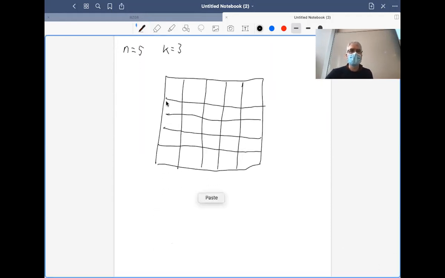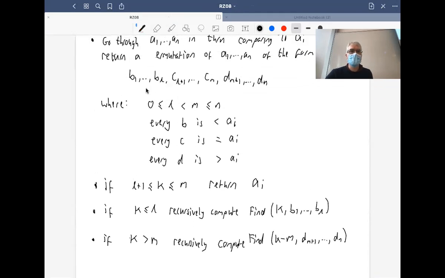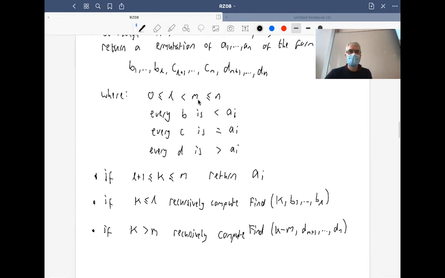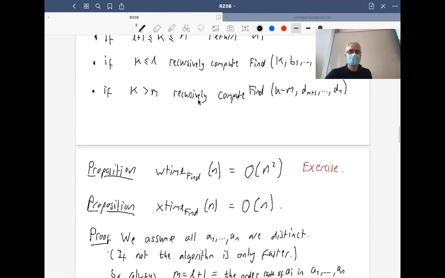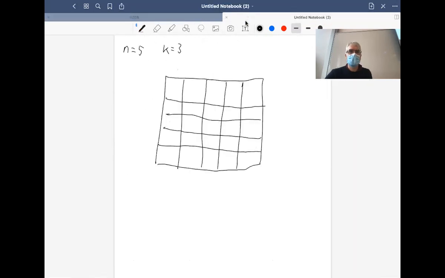which when we've partitioned our list of elements into the B's, C's, and D's, that a sub I will be in position C sub M. So I'm going to call this M here.